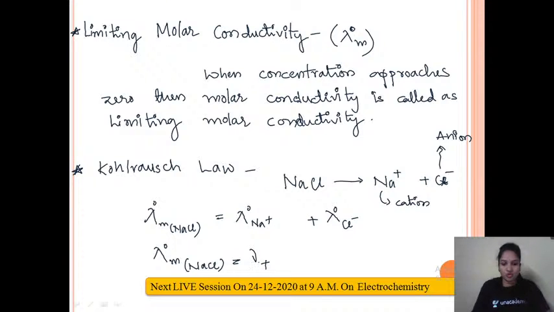So this mu value will be 1 into lambda naught Na plus, plus mu minus lambda naught Cl minus. This is how Kohlrausch's law is stated: the limiting molar conductivity of any particular electrolyte is equal to the sum of the molar conductivity of the cation and that of the anion, right?